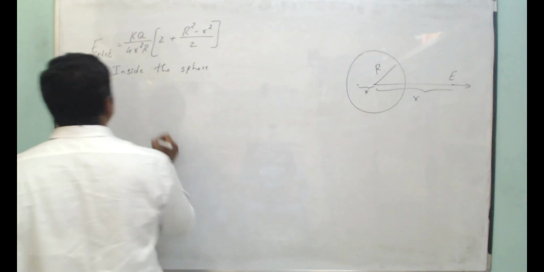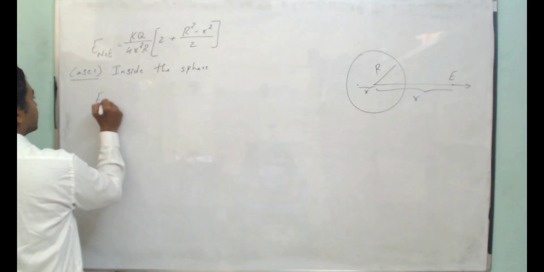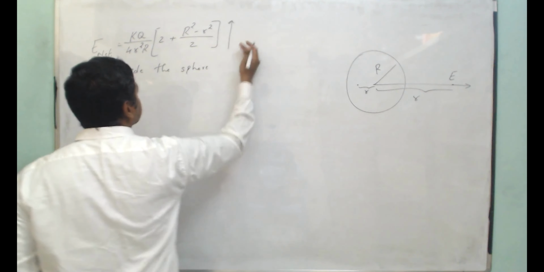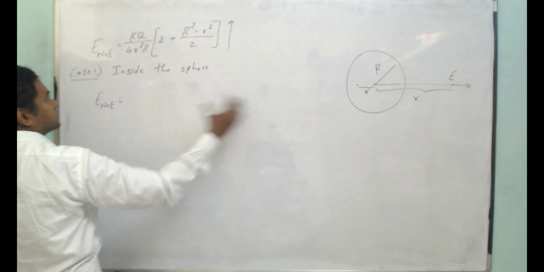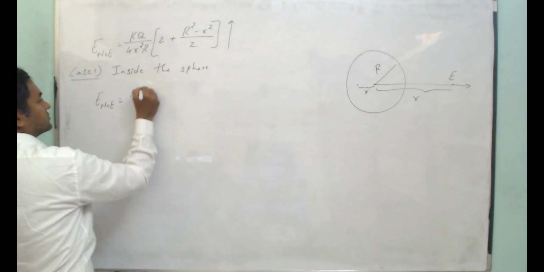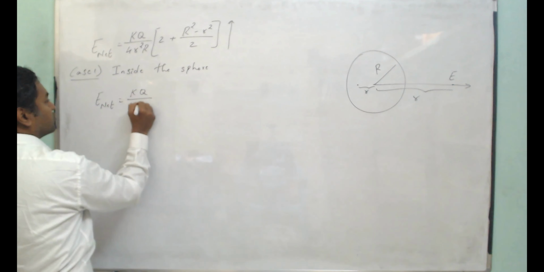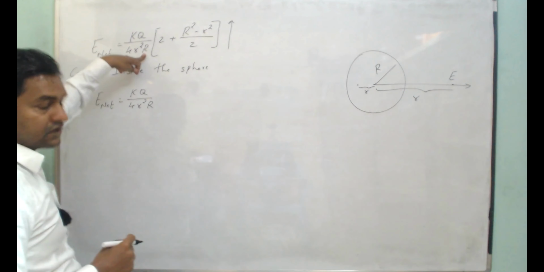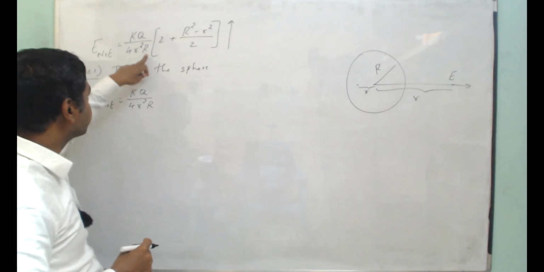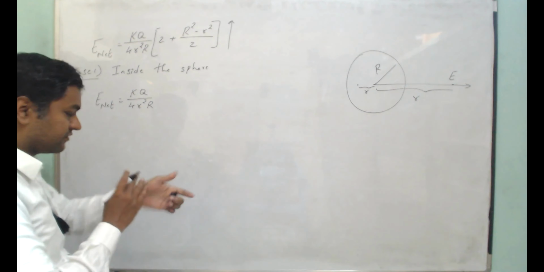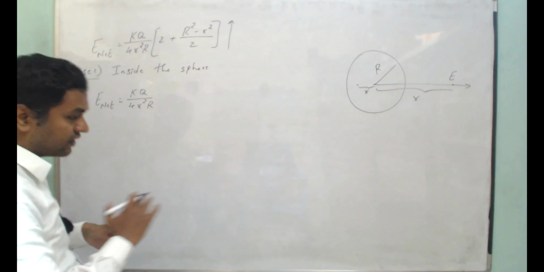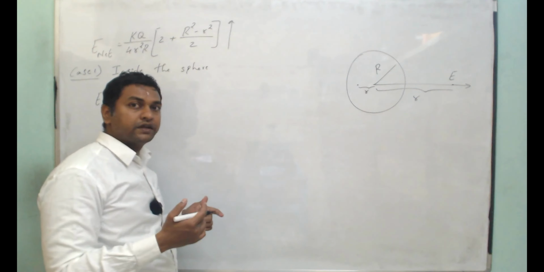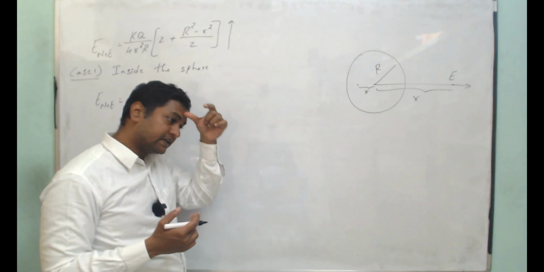So inside the sphere I have E net equal to, and here we have to specify the limits, so for each case the limits will vary. KQ by 4 small r square capital R. Instead of capital R square, we need to have capital R. While you're doing the derivation from the beginning, see where we have mistakenly written R square.